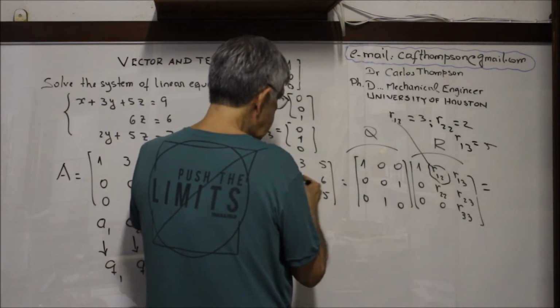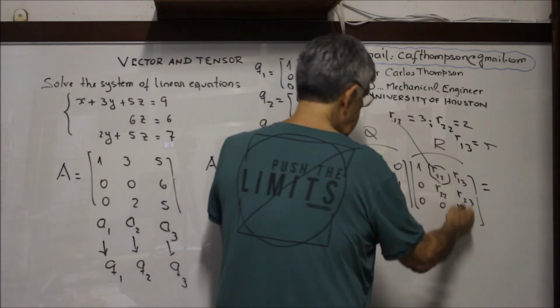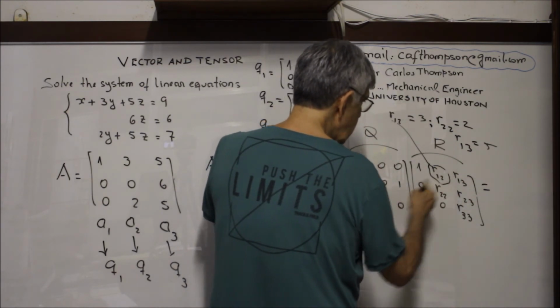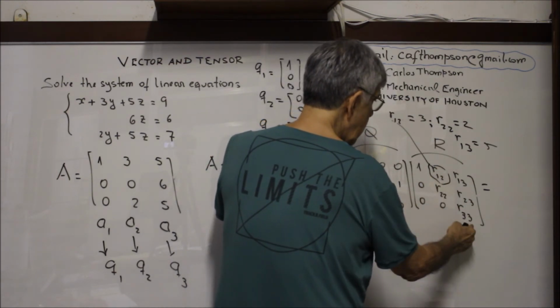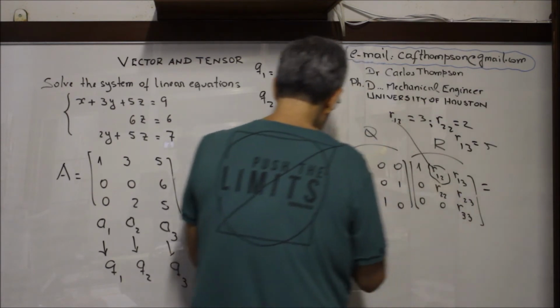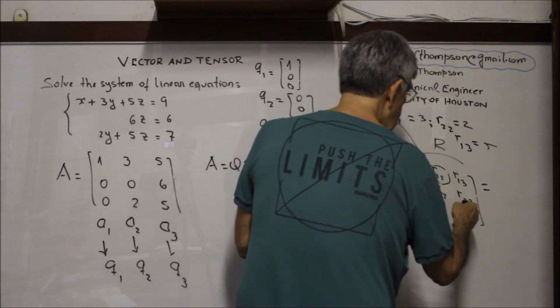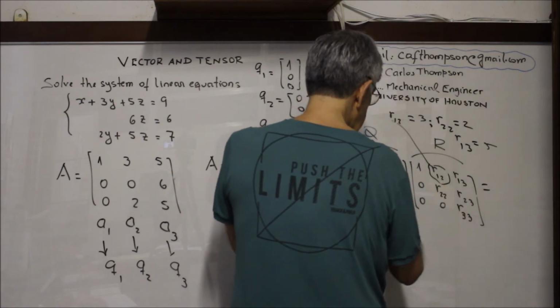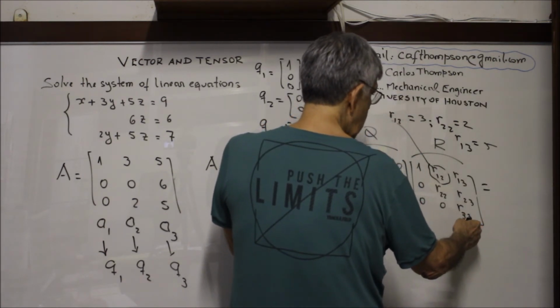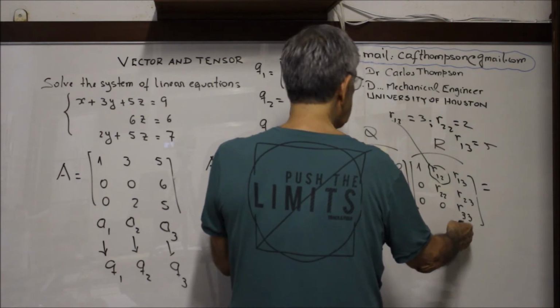Now, second row, third column, this will be R33. Second row, third column will be 6. So R33 will be 6.